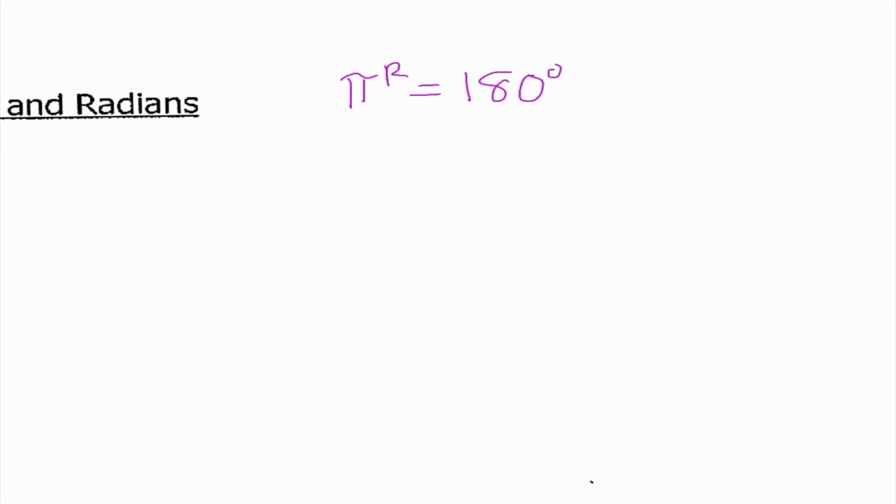So some conversions between degrees and radians. And you guys did this a lot last year. Remember, the key for this year is we're really trying to think in terms of radians, but sometimes this is helpful for us to know. The important thing for us to remember is that pi radians is equal to 180 degrees.